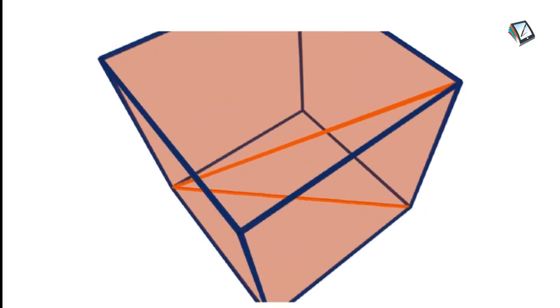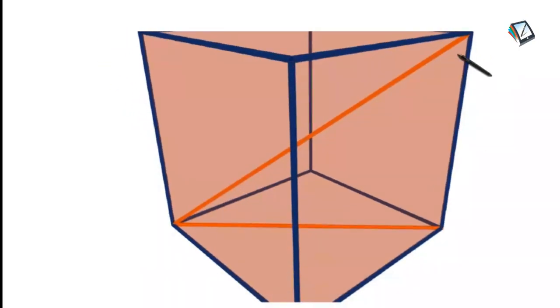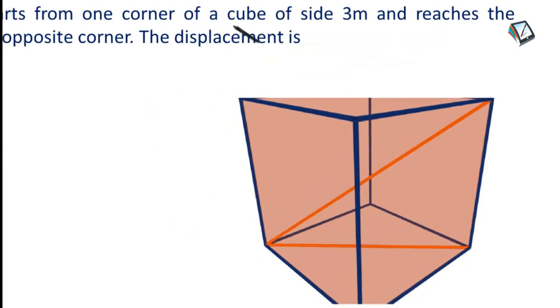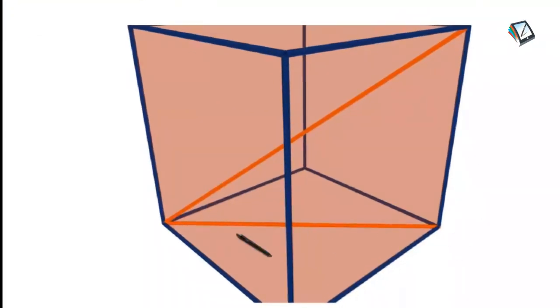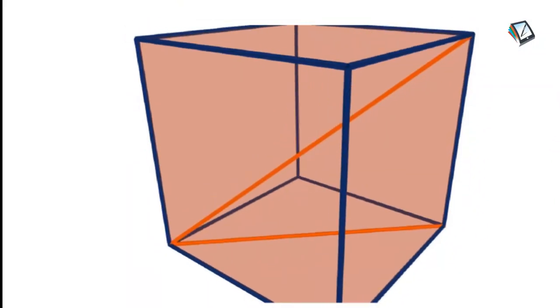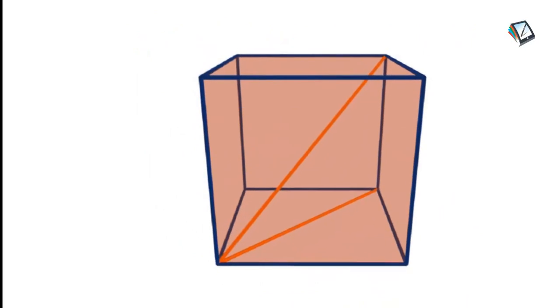And then here it is the vertical one because it's reaching this position. So here it is 3 root 2 and this is 3 meter because the side of the cube is 3 meter. And this particular triangle is also a right angle triangle. So 3 root 2 square plus 3 square, under root. So what value should we get? Here you can see that if suppose A is the side length, so A will be this, A will be this.